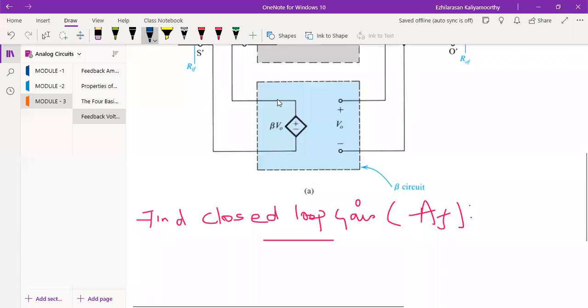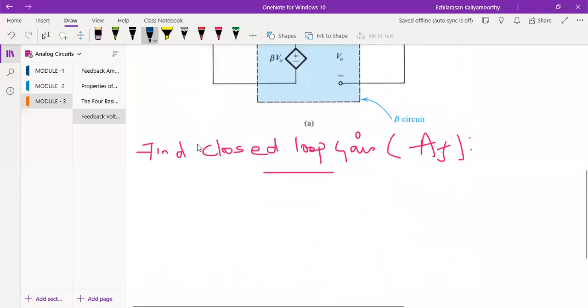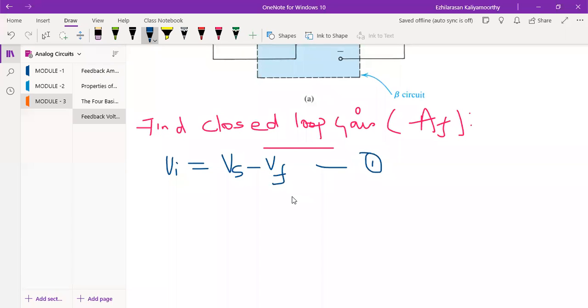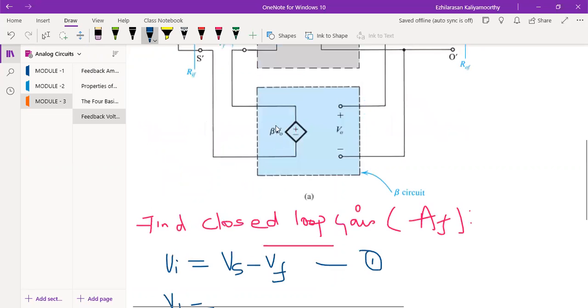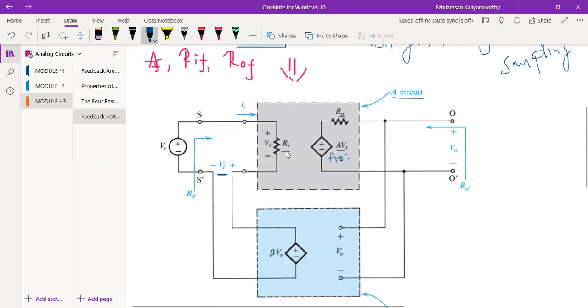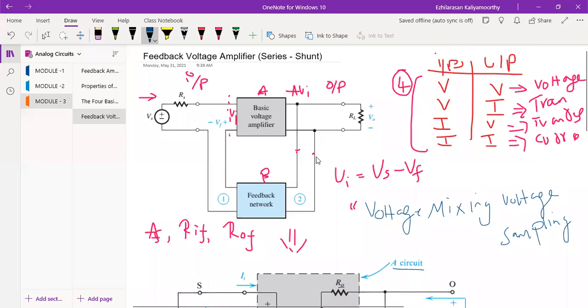First, what is VI actually? As we know, VI is equal to VS minus VF. This is equation number 1. Second, what is VF actually? VF is nothing but beta into V naught, because beta is connected to V naught.